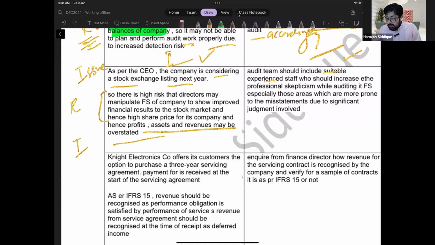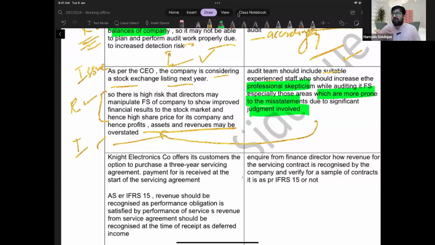What they should do is increase skepticism while auditing the financial statements, especially those areas where significant judgment is involved, or complex items, because those items have more chance of misstatement. So this addresses the risk of misstatement; this risk can impact both.